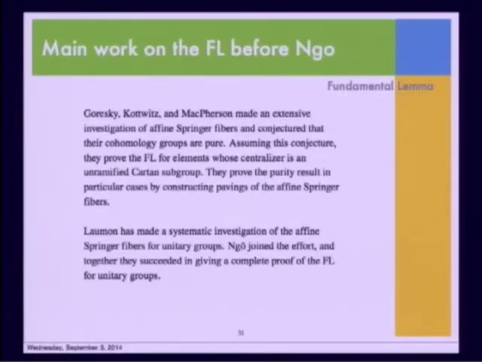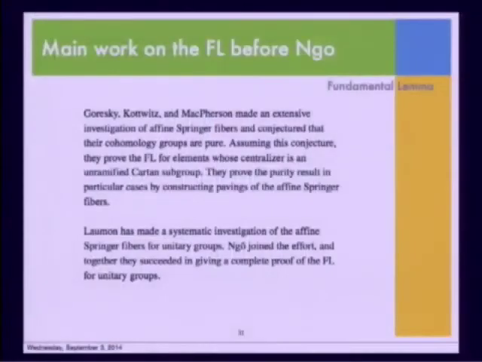And assuming this conjecture, they were able to prove the fundamental lemma, not in the general case, but at least in a special case when you take elements whose centralizer is an unramified Cartan subgroup. And just by direct calculation in particular cases, they were able to prove this purity result in some special cases that gave some evidence to this conjecture.